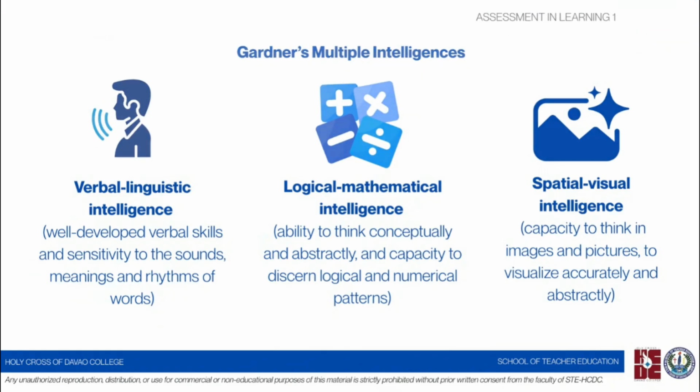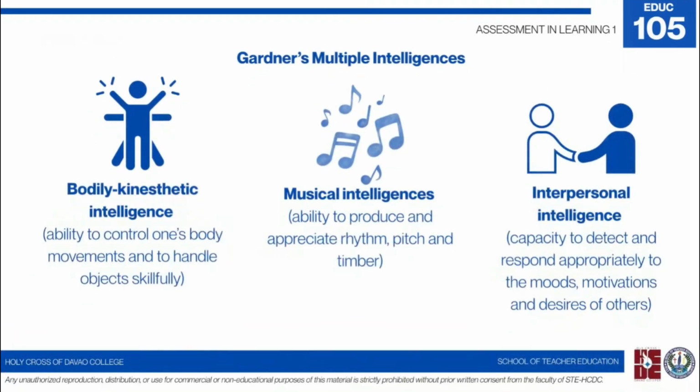And we continue to the next three intelligences. Next one, bodily kinesthetic intelligence. This is the ability to control one's body movements skillfully and to handle objects with precision. So students who are strong in this intelligence are your body smart learners.